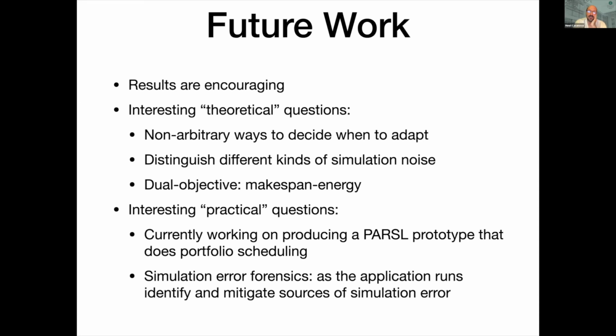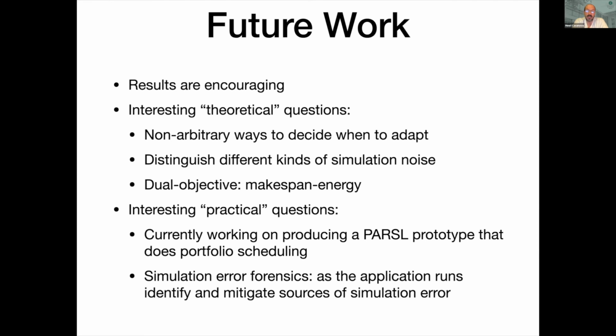And a very interesting idea in practice, which to me is the most interesting question in all this, is that of simulation error forensics. So the real world system runs and at some point says, let me simulate my futures. We say, oh, based on all those simulations, I pick algorithm 8 now, and now I use it for real, right? So now we do it for real for, let's say, an hour.